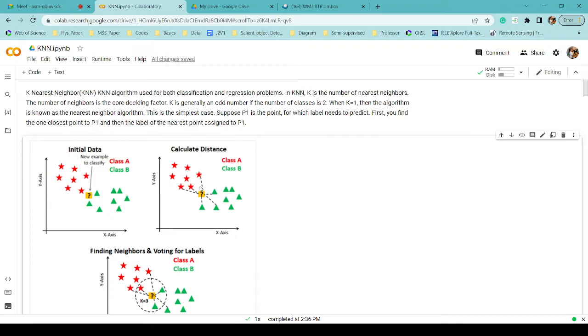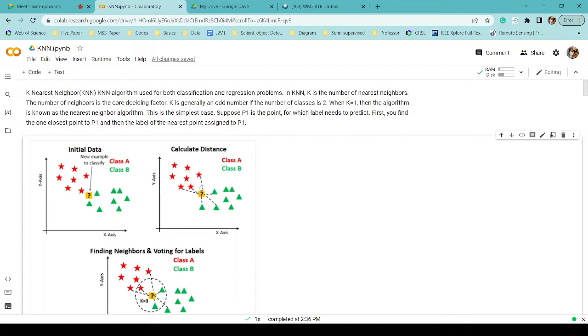I'll talk in terms of pixels, in terms of images. Suppose you have an image in which there are two classes. One is your water body and one is your land. Water bodies will have some pixels and they belong to a certain class. Suppose water body belongs to class A and land belongs to class B.